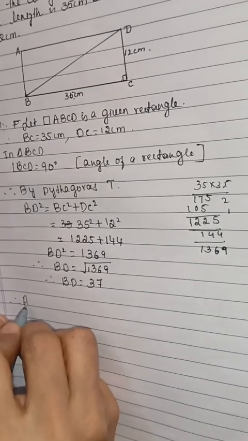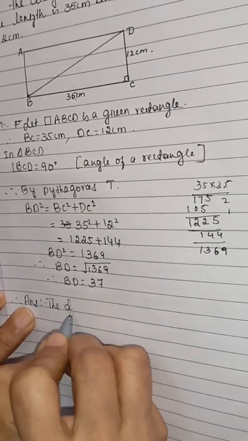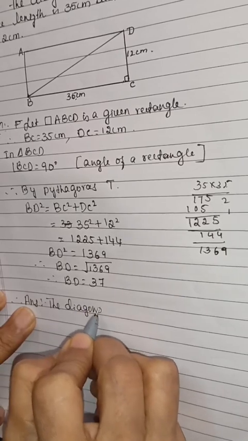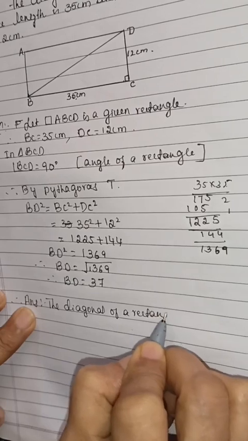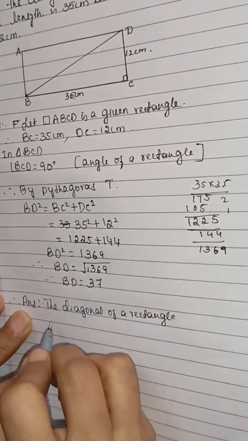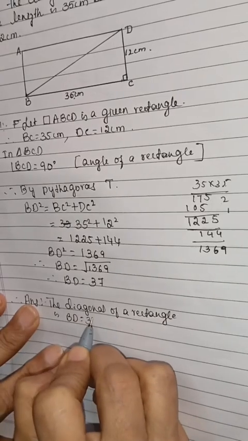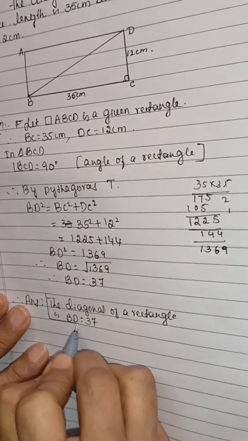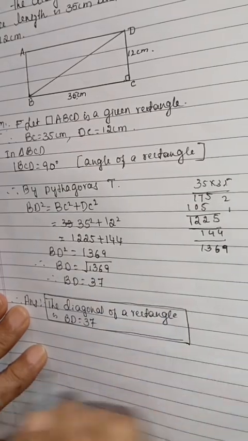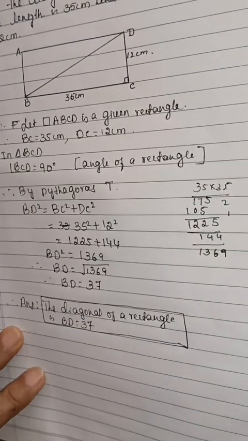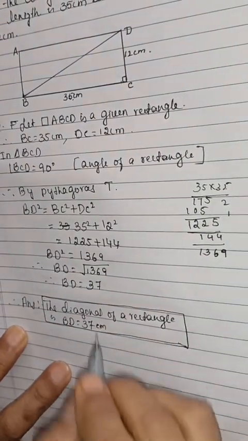Therefore, the answer is: the diagonal of the rectangle, that is BD, is 37 centimeter.